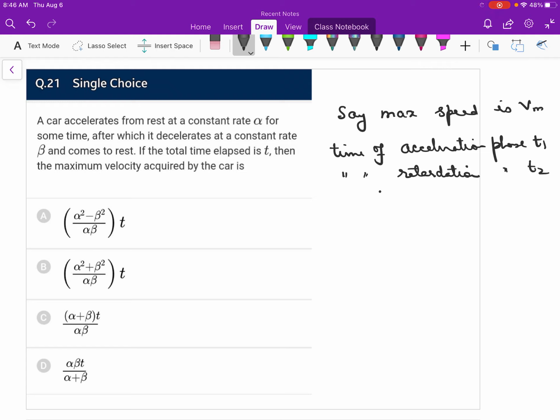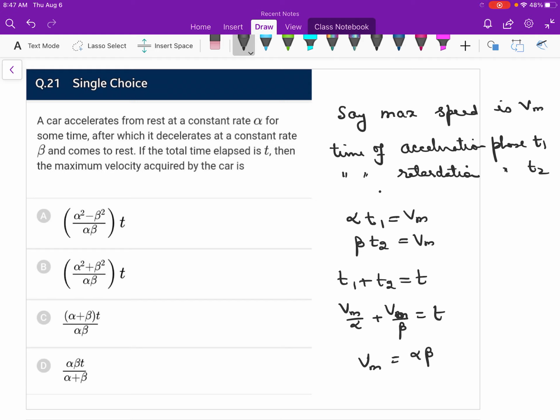So from the first equation, alpha t1 is equal to vm, and again beta t2 is vm, and we know t1 plus t2 is t. So vm by alpha plus vm by beta is equal to t. So vm is alpha beta t upon alpha plus beta.